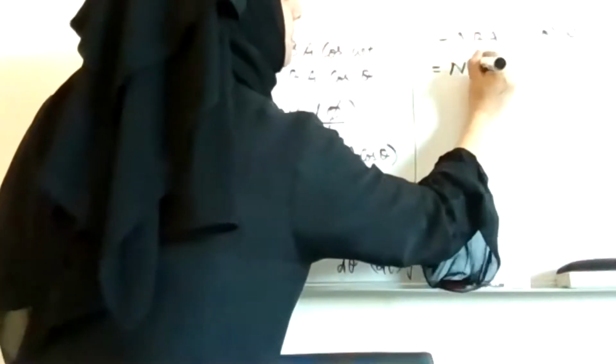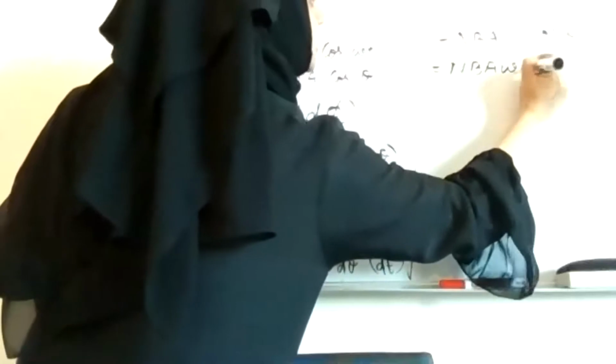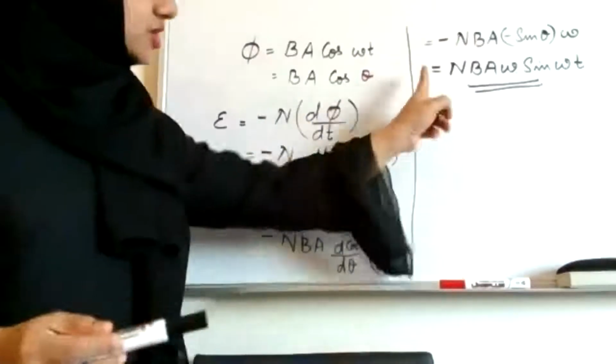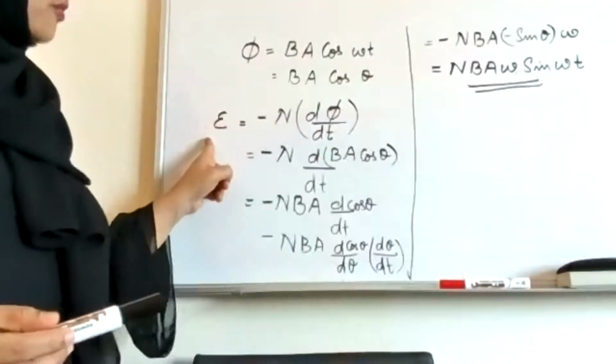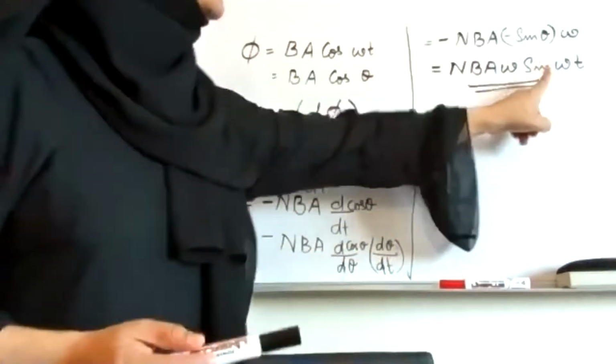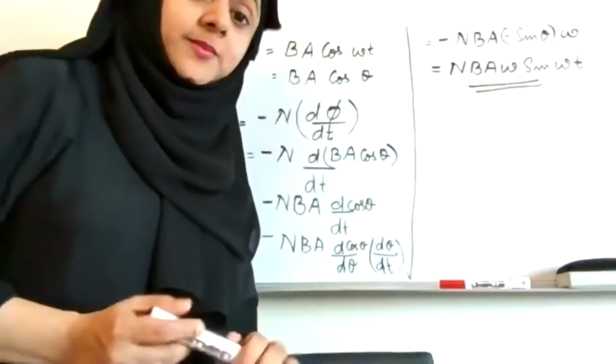So NBA omega is there, and sine, instead of theta, we have written omega t. Is this clear? How we got this expression? Yes, teacher, clear. EMF produced is equal to NBA omega sine omega t.